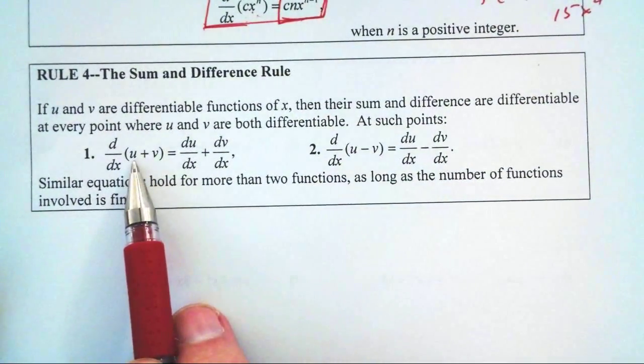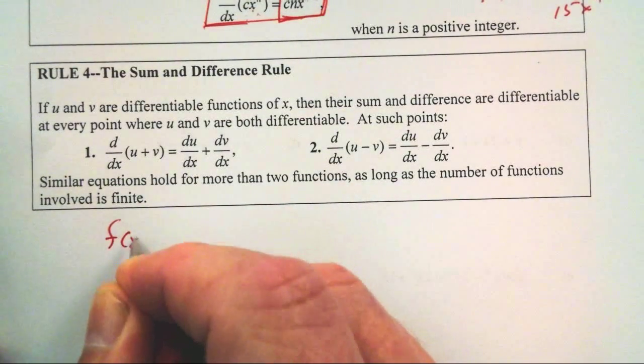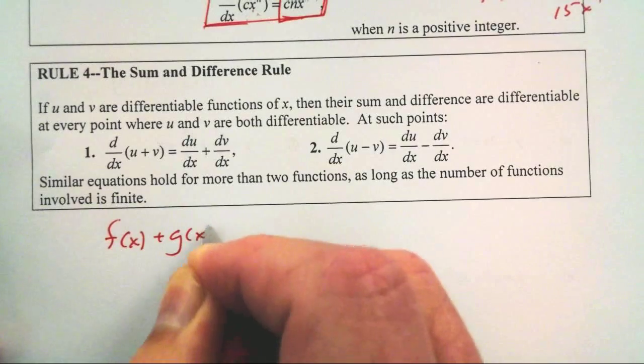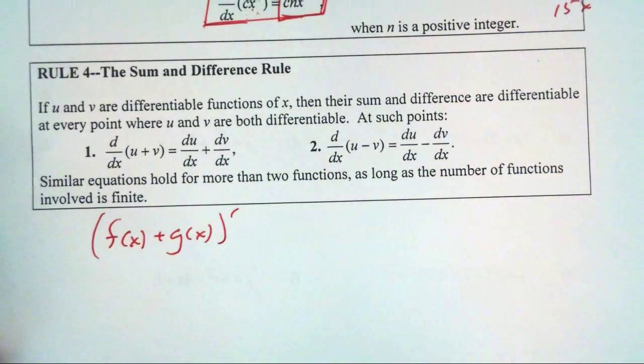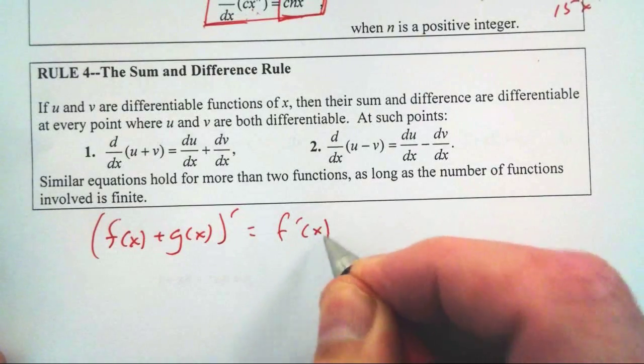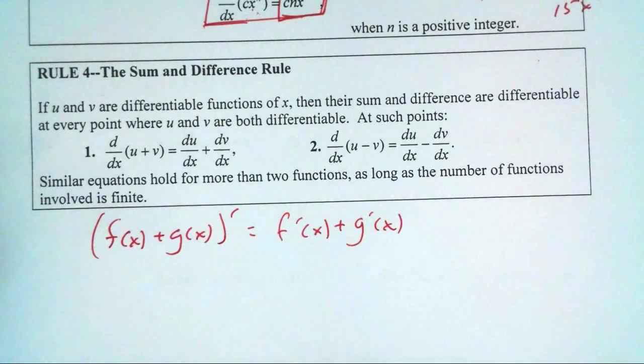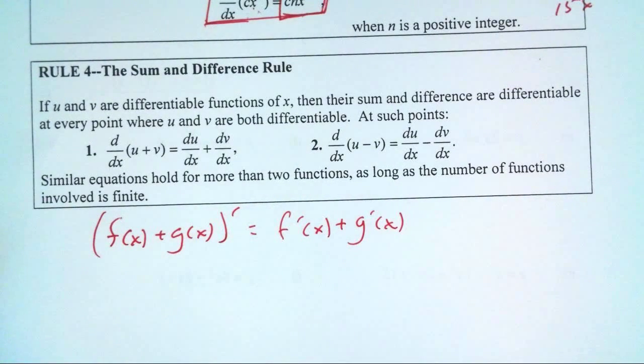If this is like f of x plus g of x, this would be similar to saying this. If I had a function of x plus another function of x and I wanted to find its derivative, I could just find the derivative of the first function and add to that the derivative of the second function. It's like it's distributable.